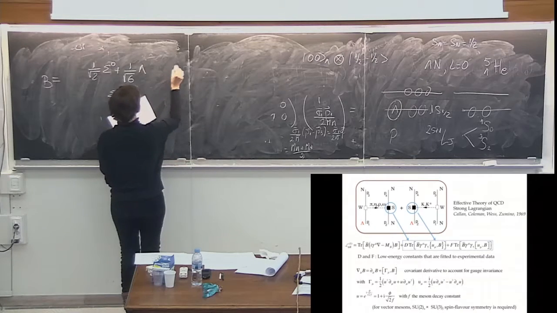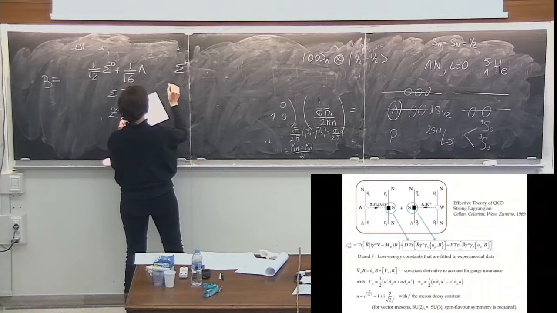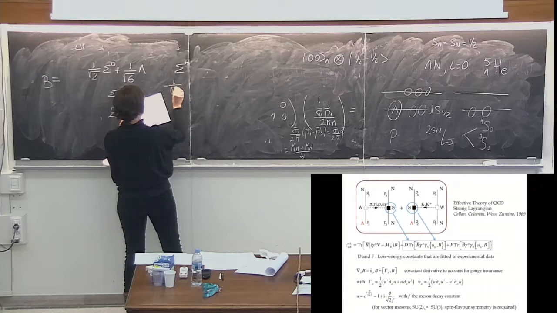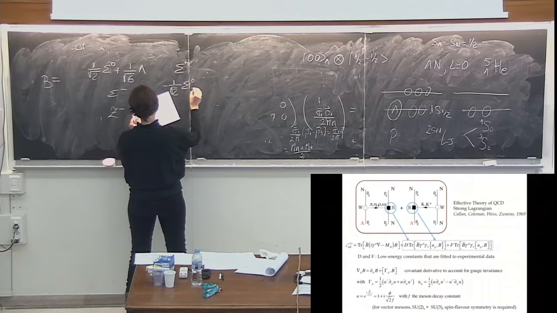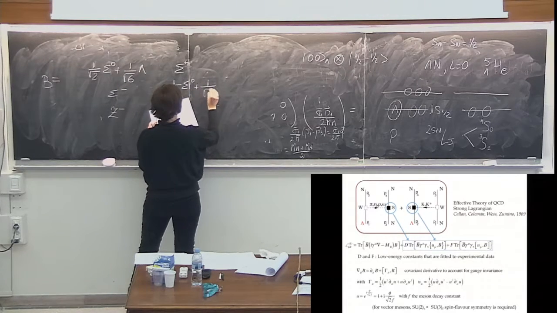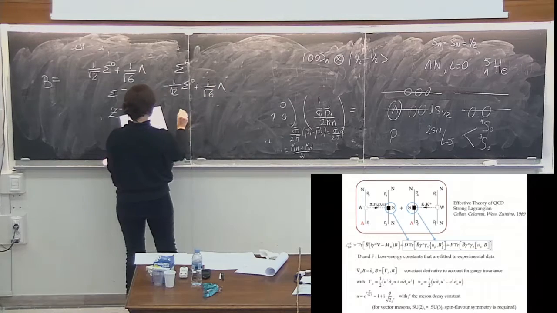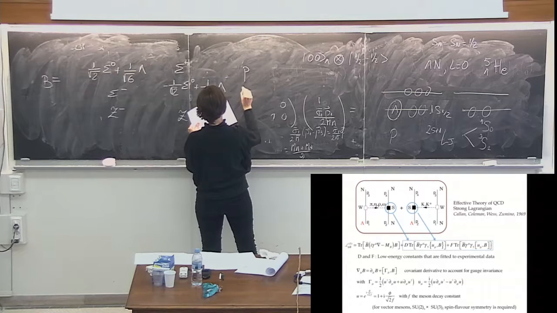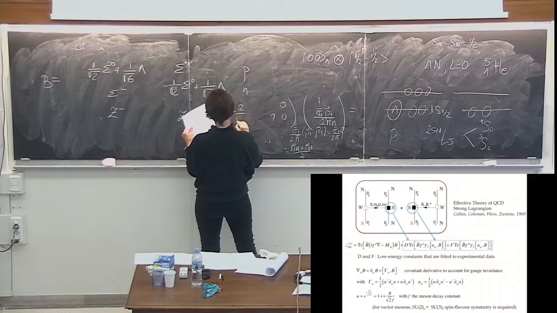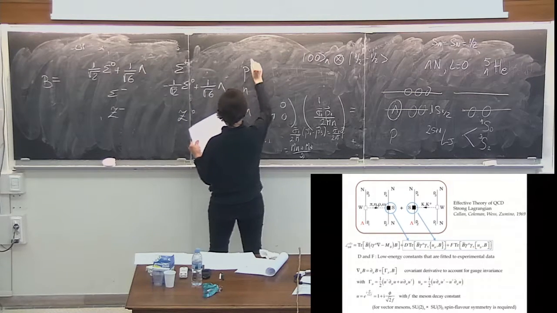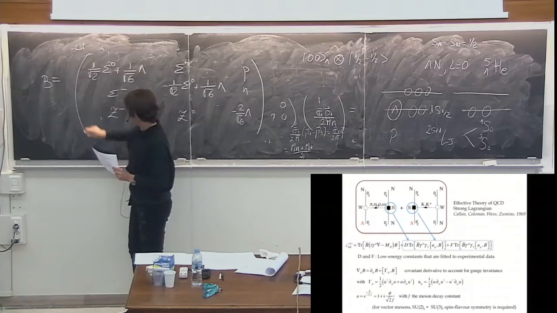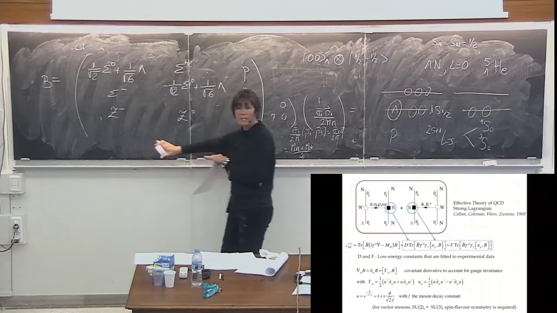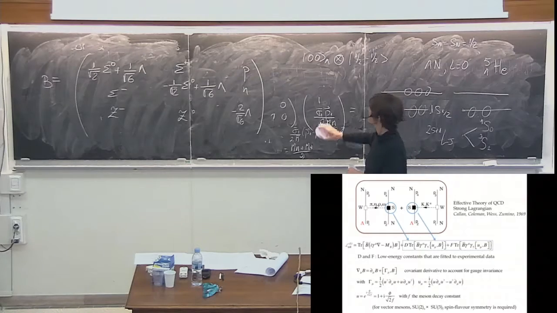When you do your course on hadronic spectroscopy, right, in your undergraduate nuclear and particle course, somehow you derive this matrix for the baryons, right?